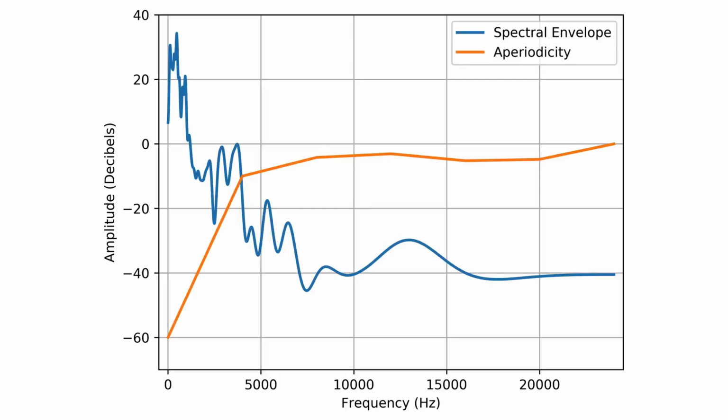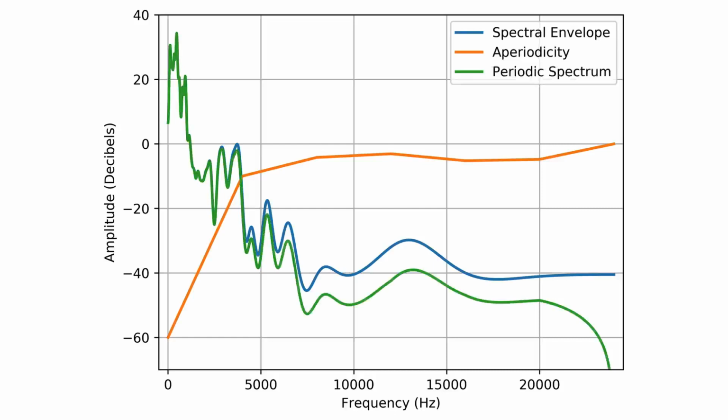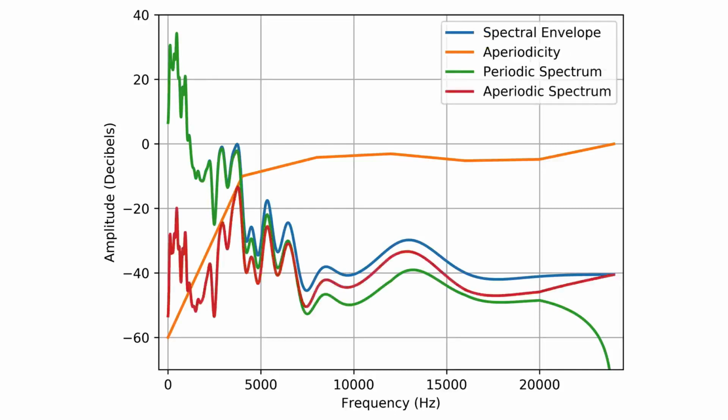Okay, and if we do some mathematics, or WORLD does this in the code, at the end it produces the periodic spectrum, which is the green line, and the aperiodic spectrum, which is the red line. The green periodic spectrum has more energy in low frequencies, and in high frequencies it has less energy than the aperiodic spectrum.